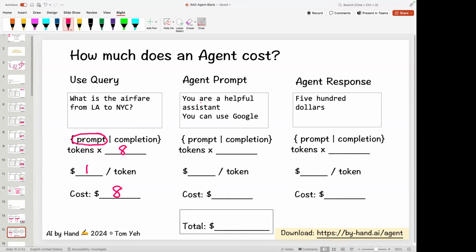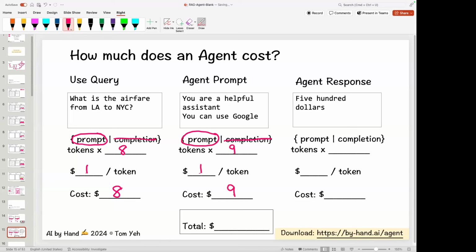These are all prompts we have to add to the user query in order for the agent to exhibit this extra nice behavior. So these are prompt tokens as well, not completion tokens yet. The agent isn't saying anything, it's just being told how it is supposed to behave. Counting 1, 2, 3, 4, 5, 6, 7, 8, 9, there are 9 tokens for the same amount of money, $1 each.